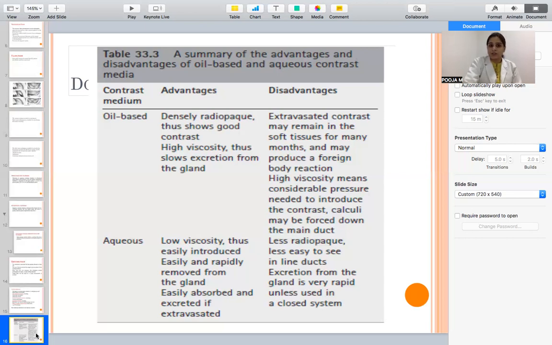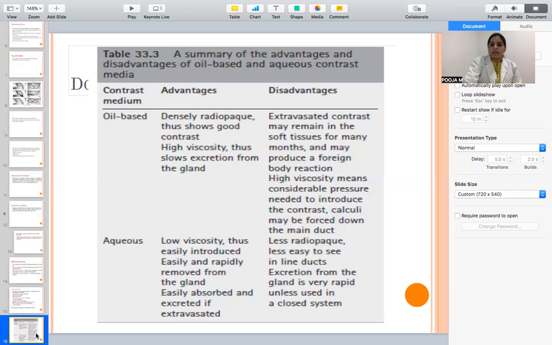Coming to the disadvantages of oil-based contrast medium: as it is very dense and highly viscous, it needs high pressure to inject the contrast medium within the duct.